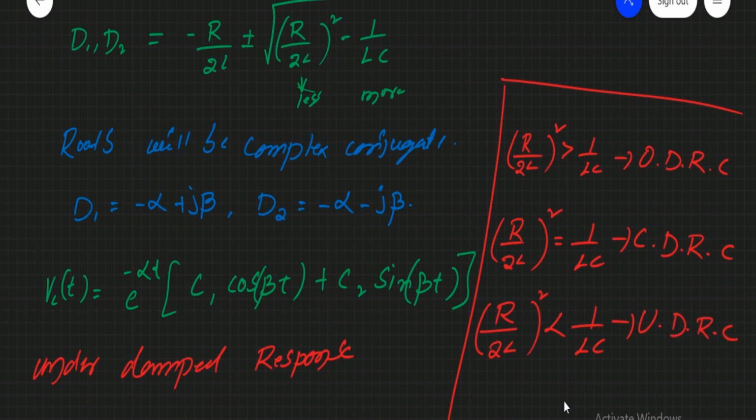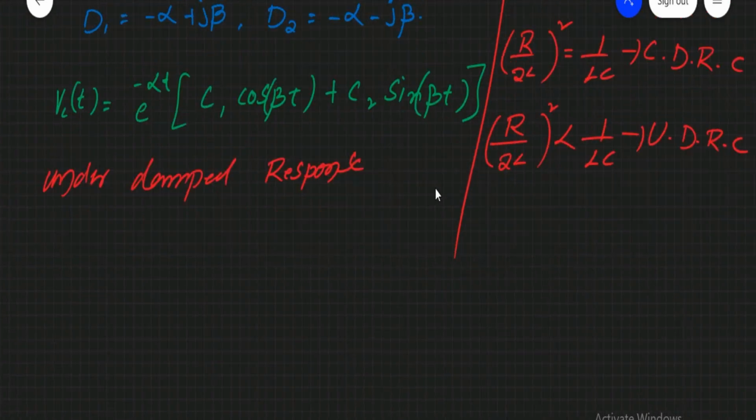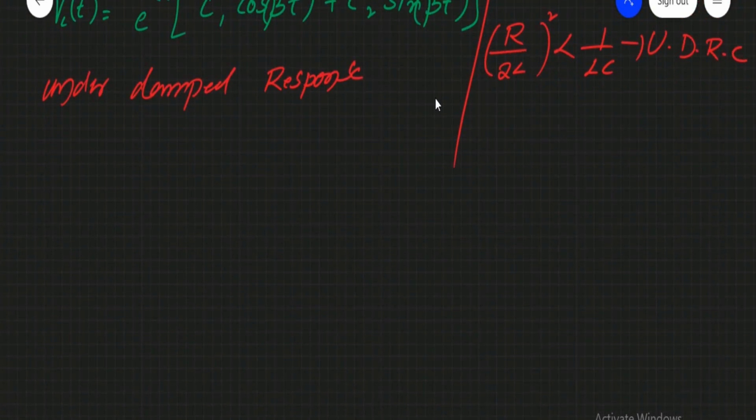Now we are moving to the last condition, case 4, where R equal to 0. So what are the factors we have?